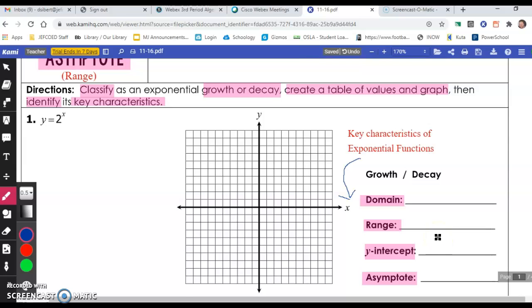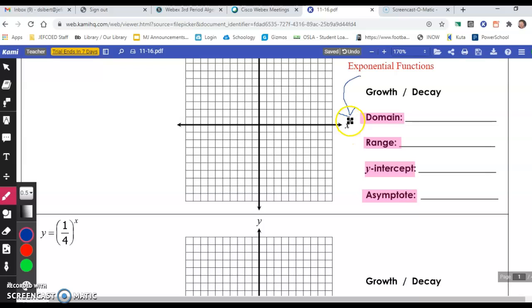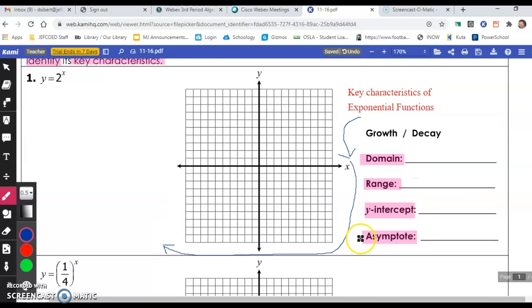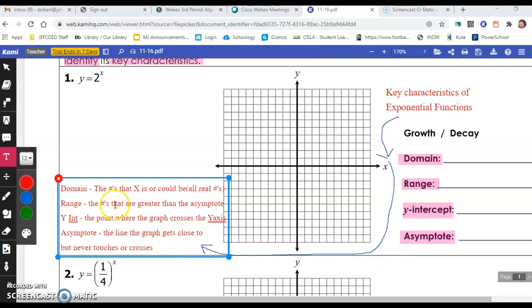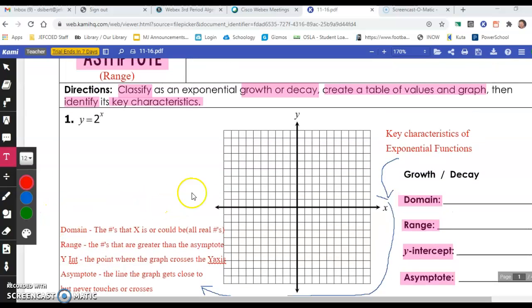And then we're going to take just a few notes in just a second. And those notes are going to come right over here of what each of those are. All right, so right over here, guys, the domain, the range, the y-intercept, asymptote, each of those are considered to be key characteristics of exponential functions, okay?